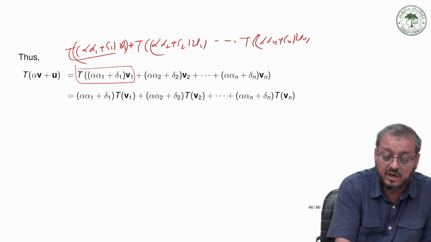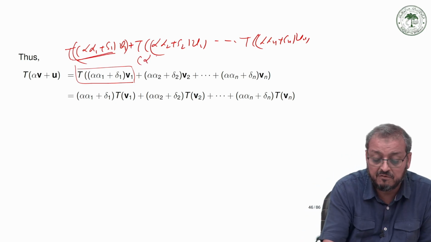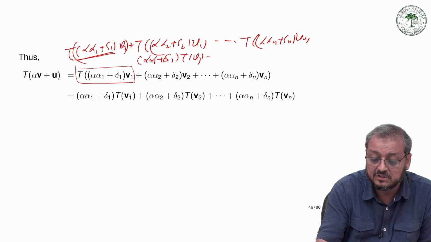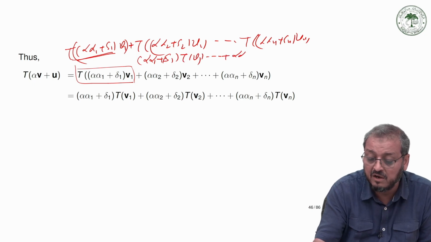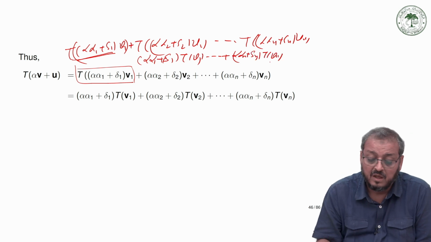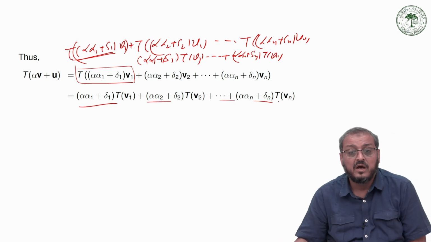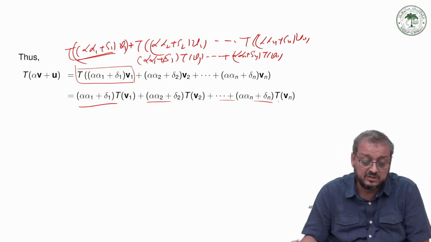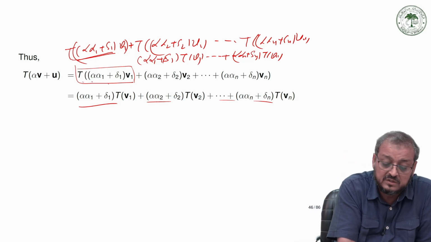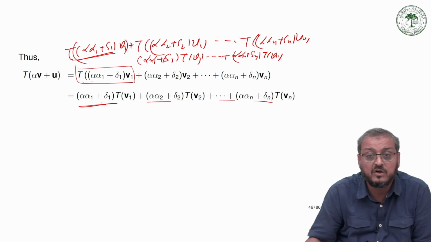And again by linearity, this can be written as alpha 1 plus delta 1 times T of V1, and similarly alpha n plus delta n times T of Vn. First we apply linearity here, then again apply the linearity of T.